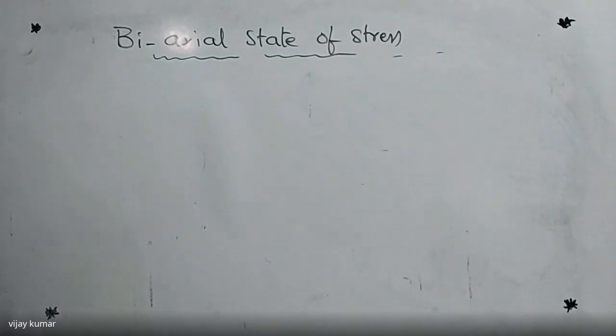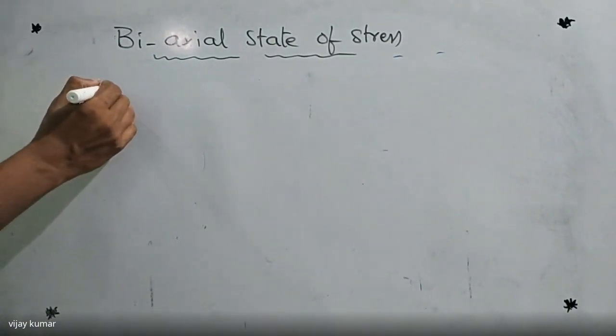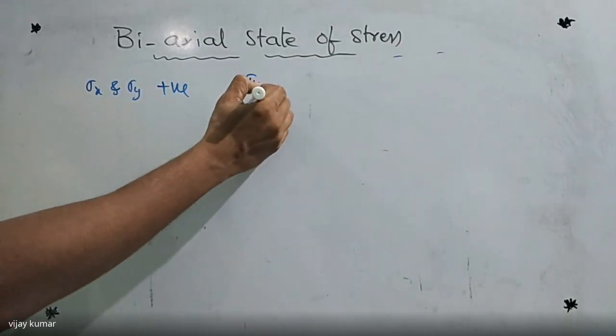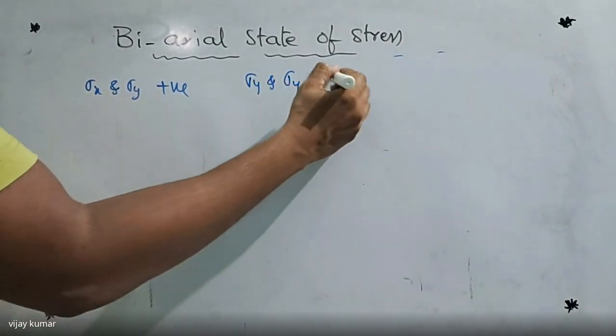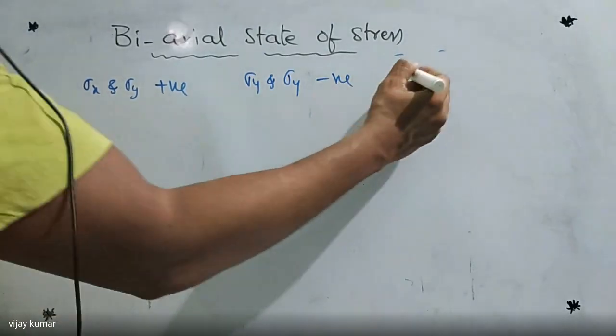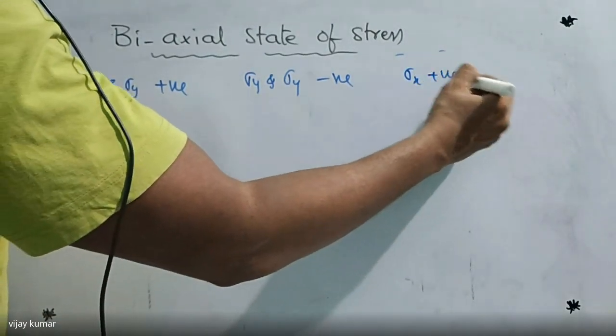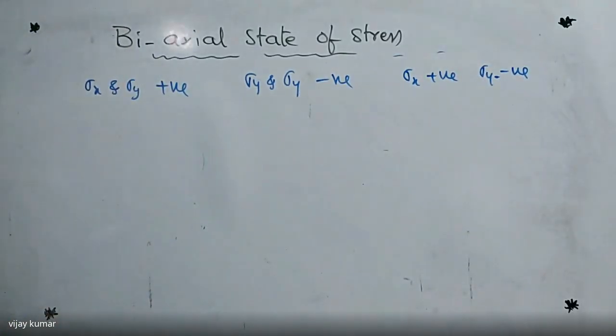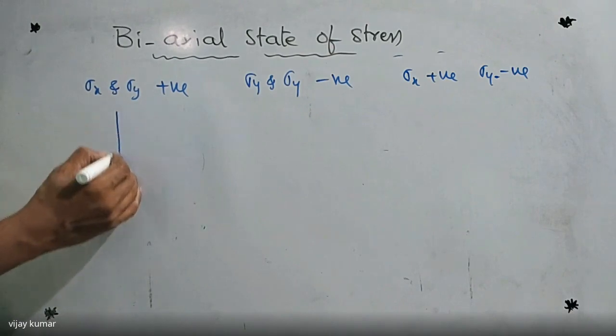So here, when sigma x and sigma y both are positive, when sigma x and sigma y both are negative, and when sigma x is positive and sigma y is negative, what is the diagram of the Mohr circle? In this case, the Mohr circle diagram is like this.